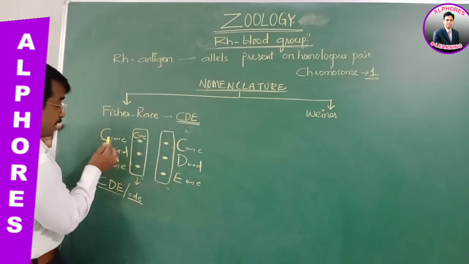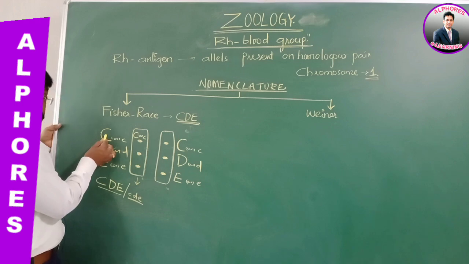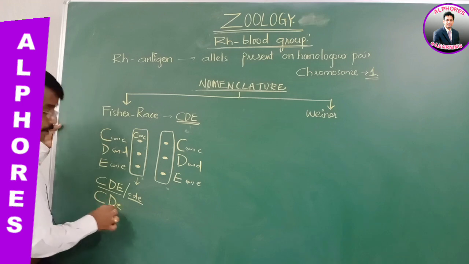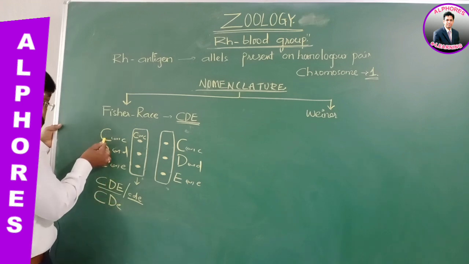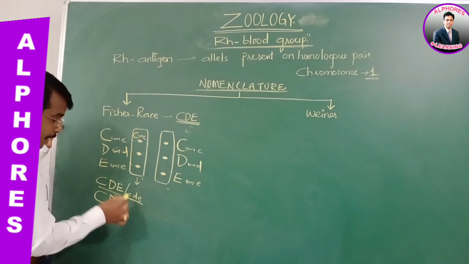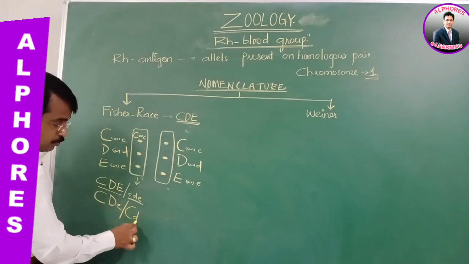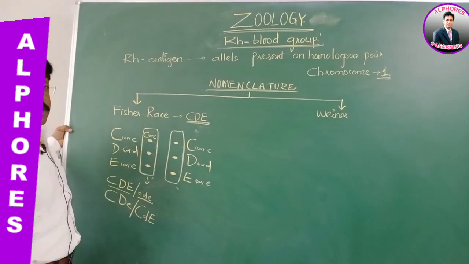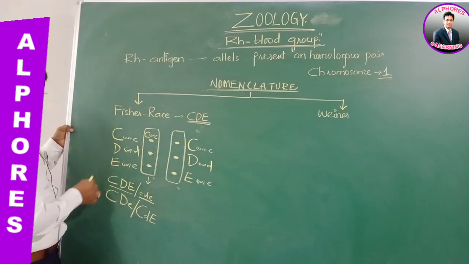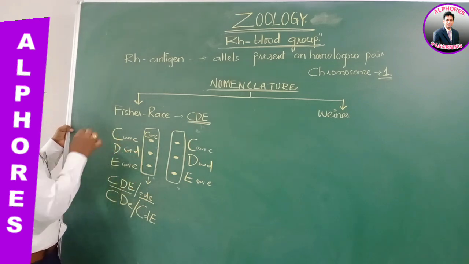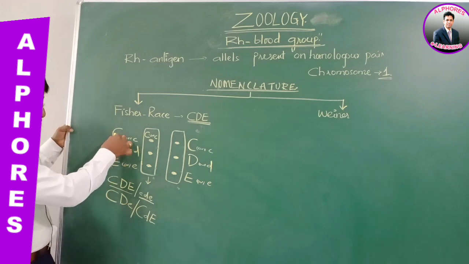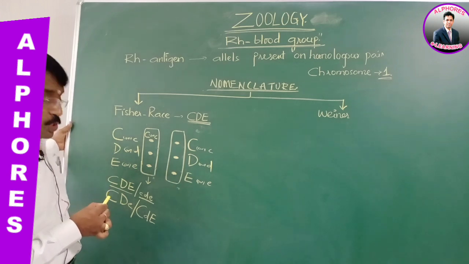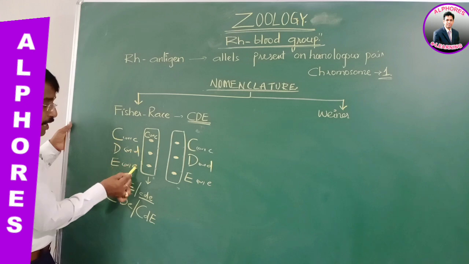And apart from that, it may be capital C, capital D, small e, or else capital C, small d, capital E. All possibilities we refer to here: capital C, capital D, capital E, or small c, small d, small e. In the same manner, capital C, capital D, small e. All possibilities we can see: capital C, small d, small e.